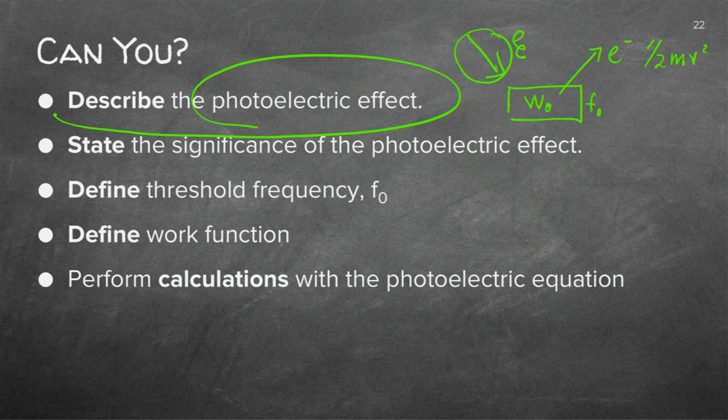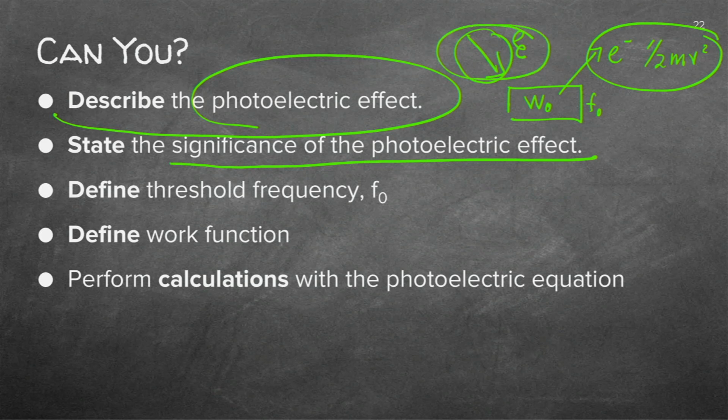You have to be able to say what's the significance. Yes, we can use these electrons as electricity. So we know this is where the whole solar energy comes from, and I'll elaborate on that later.